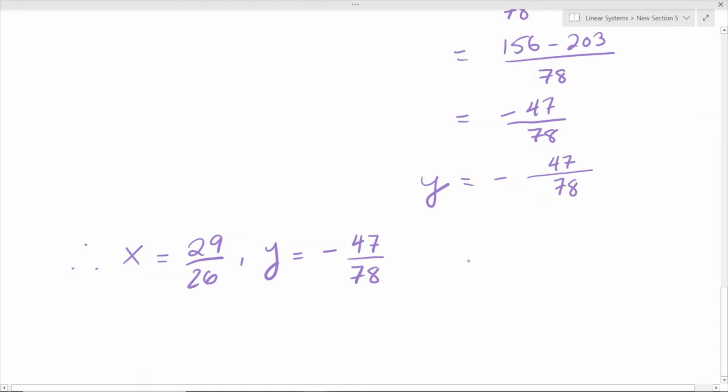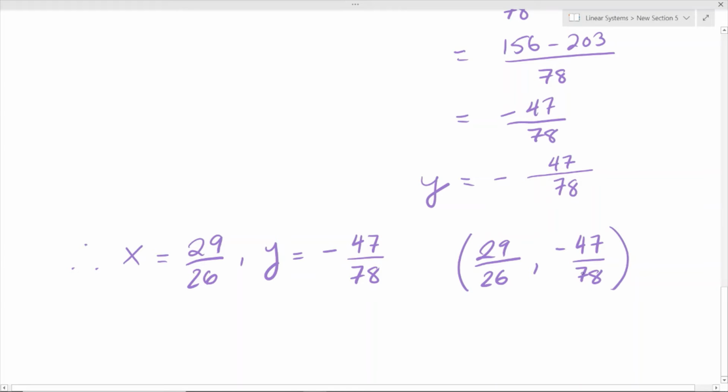And we can express this as coordinates, so 29 over 26, comma, negative 47 over 78, like that. This is our x and this is our y, and there we have it. We have found the solution.